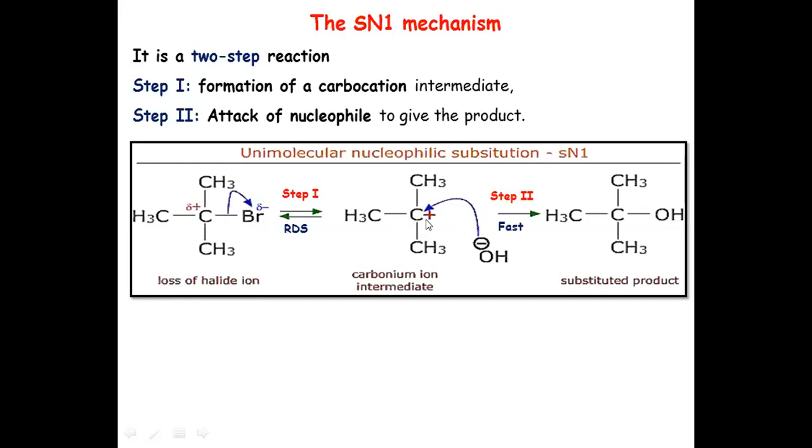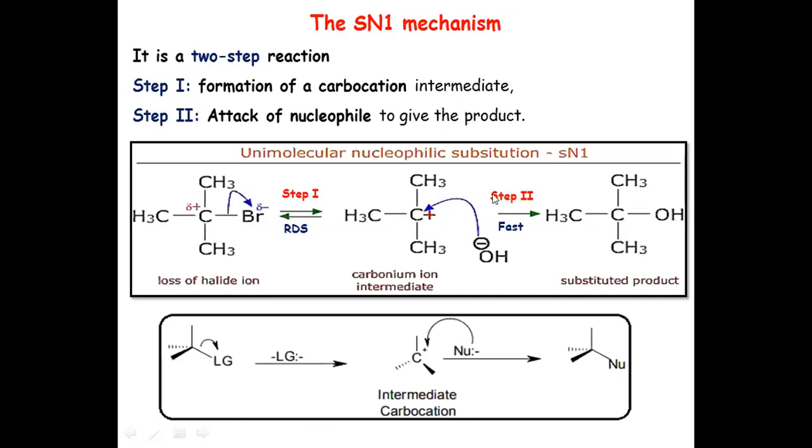Once this carbocation is formed, it is electron deficient. So your nucleophile easily gets attracted to this carbon, and that is step 2, to give you the alcohol, tertiary butyl alcohol, as a substitution product. So this is how in general we represent the mechanism of SN1.